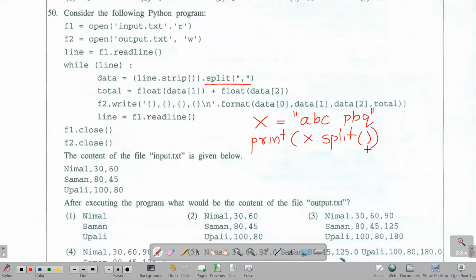So x dot split will give you an output something like this. It's going to give you a list, which has ABC as one item and PBQ as the other item.